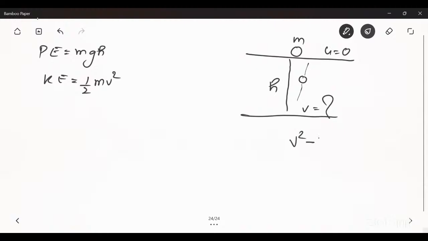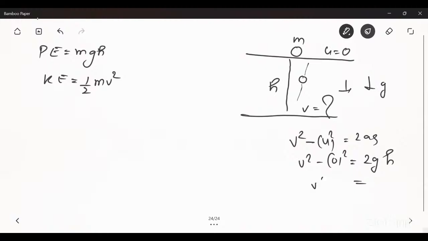v square minus u square equal to 2as. We know that here u is 0. So v square minus 0 square equal to 2gh. Here acceleration due to gravity acts downward and the body moves downward, so we take it positive. So v square is equal to 2gh.